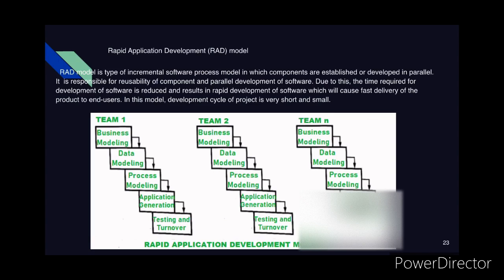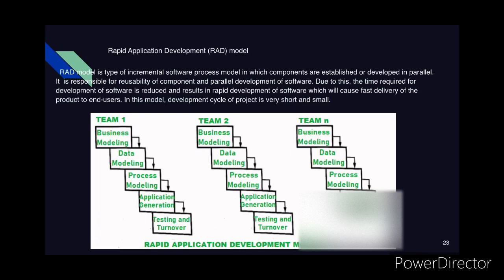Last is testing and turnover. In this phase, as we know, RAD uses reusable components, so the effort required for testing is reduced, as they have already been used and tested before. So for these already used components, testing is not required. But when a new component is added, then testing has to be done to remove errors from that component.